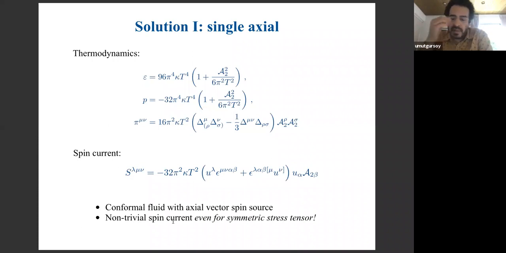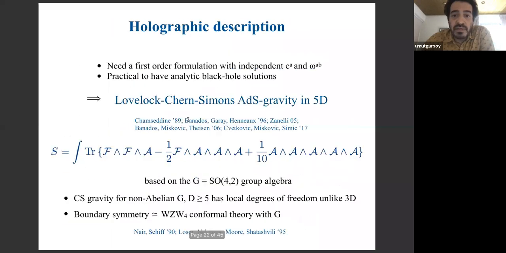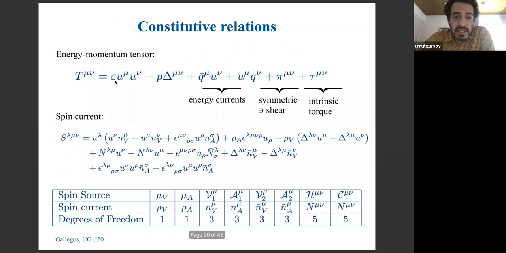And one important comment that I want to make is that in this theory there is no antisymmetric part of the energy momentum tensor. So remember, the energy momentum tensor is just given by this. So you would only have an antisymmetric part if you have Q and Q bar different from each other. In this particular example, they're both 0.